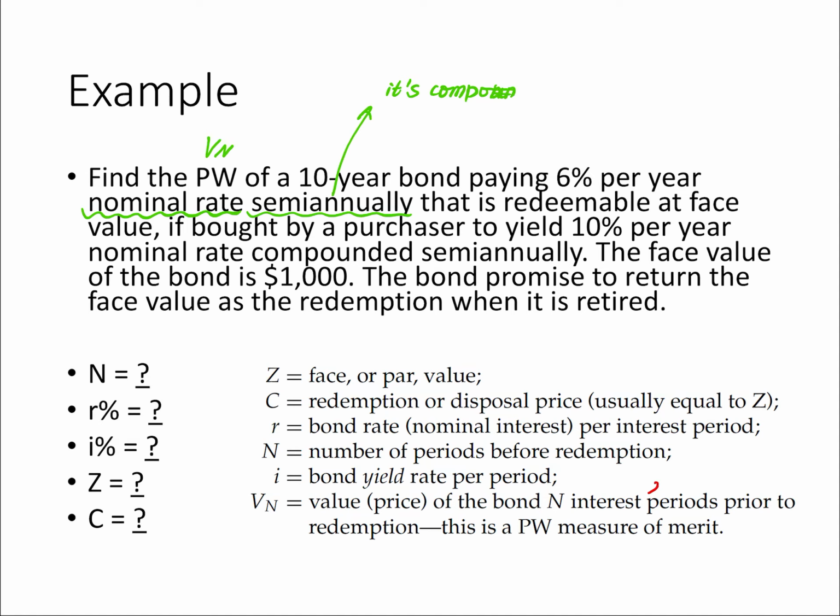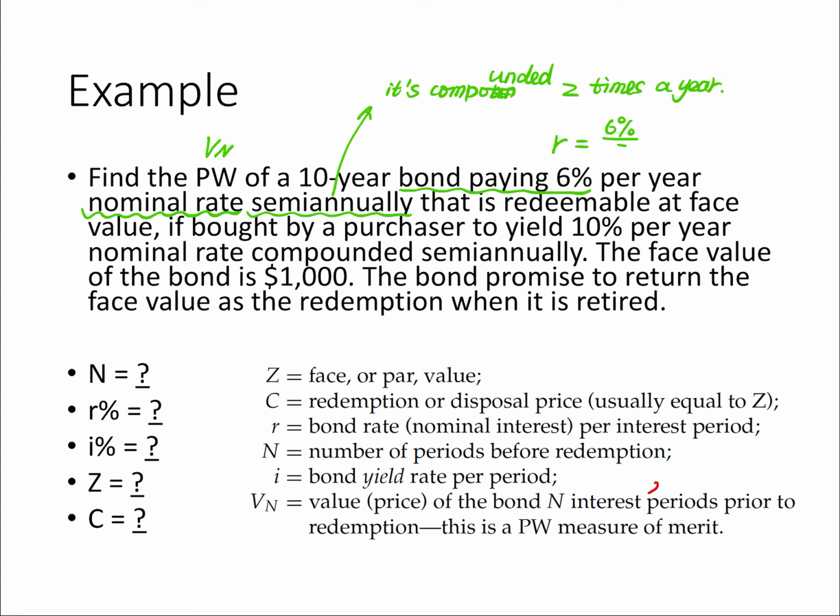Semi-annually means it's compounded 2 times a year. When I say compounded, it's equal to when I say the interest is calculated. That's the same meaning. So if it's semi-annually, every year it's compounded twice.